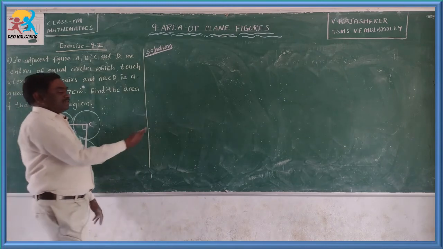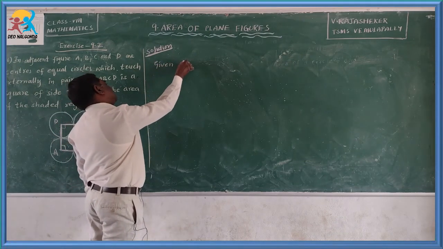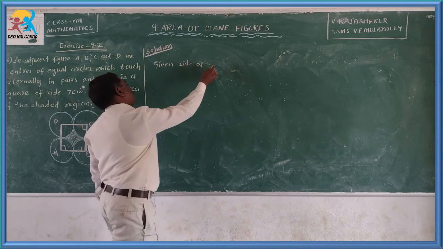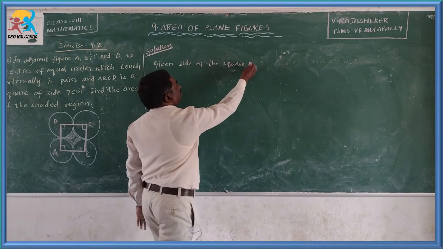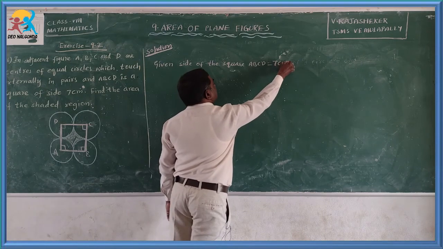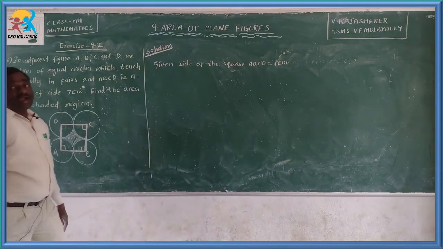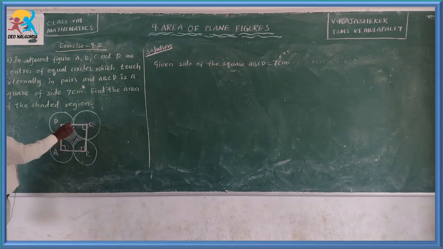Now what is given? Given: side of the square ABCD is equal to 7 centimeters. And these are all equal circles, that means equal radius.